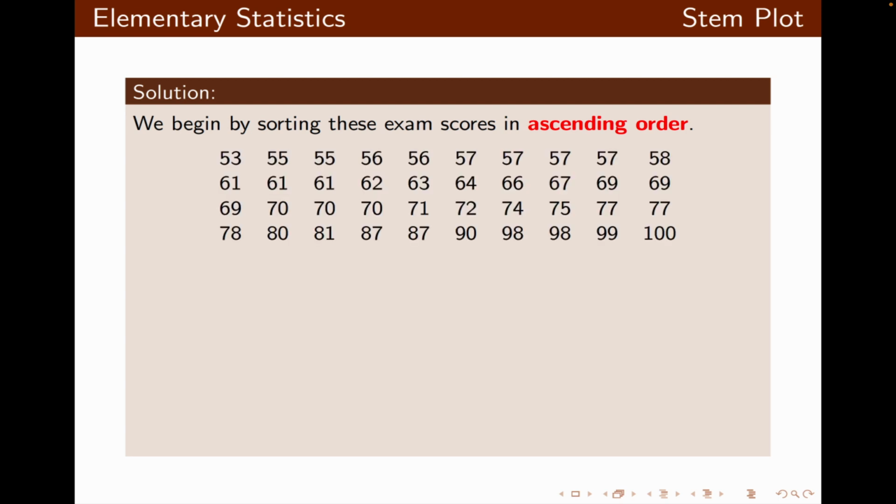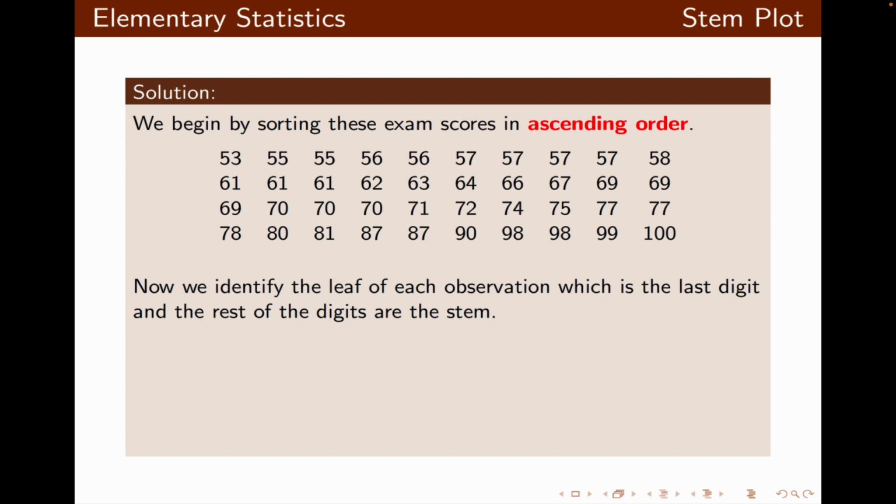So in this example, 53 will be the smallest, and 100 will be the largest. And the data set is now sorted in ascending order. Now we need to identify the leaf of each observation, which is the last digit, and the rest of the digits will be the stem.